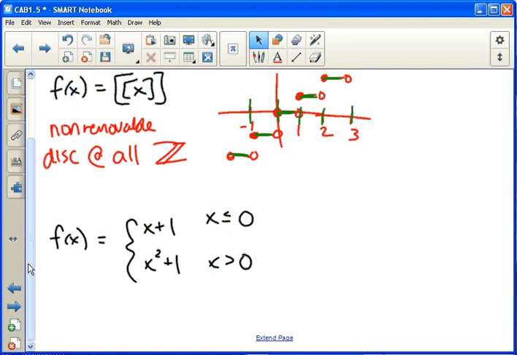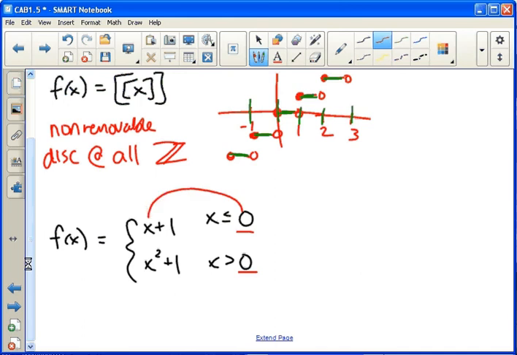And we know, because of this number over here, that it meets at x = 0. So to figure out if we have a discontinuity there or not, just plug 0 in. If I plug 0 in here, I get 1. If I plug 0 in here, I also get 1. So that tells me they actually meet at the point (0, 1), in which case there is no discontinuity. So we would just say this is continuous on all real numbers.